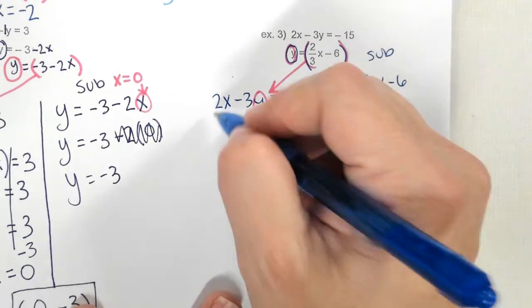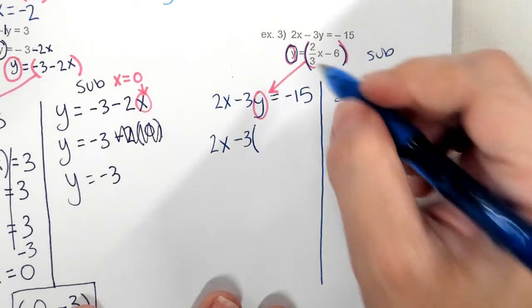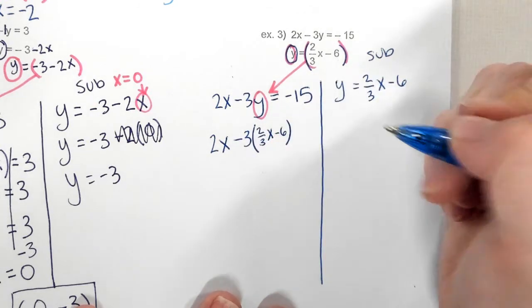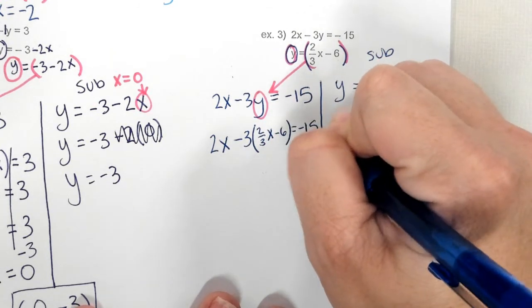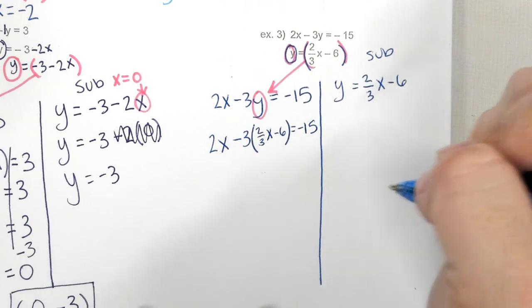And because I know that y equals this, I can replace y with this. So I'm going to bring down the 2x because that's not changing, minus 3. And instead of y, I'm going to plug in 2/3 x minus 6 equals negative 15. How do I solve this? Distribute. What am I going to distribute?